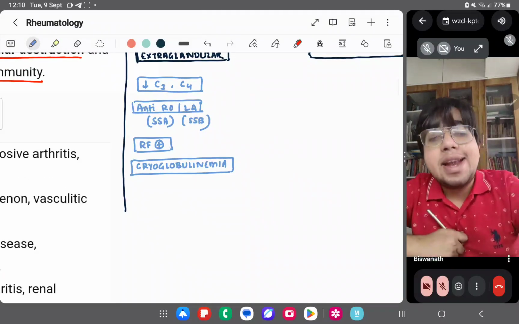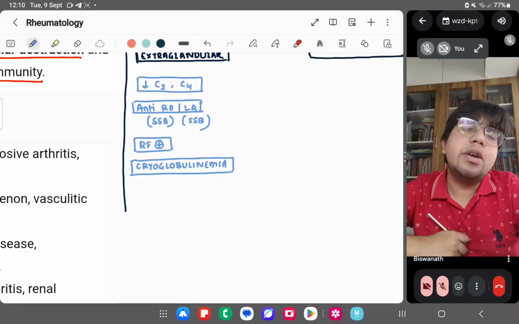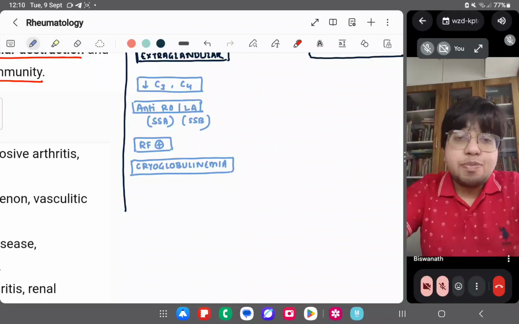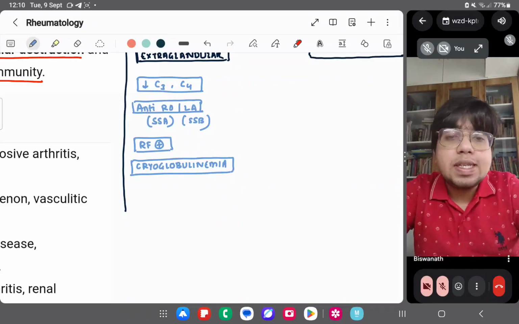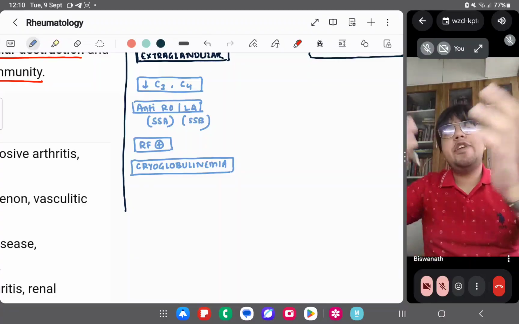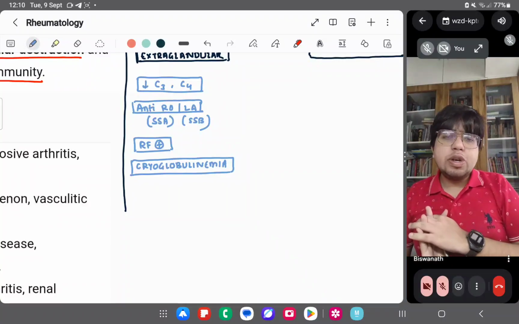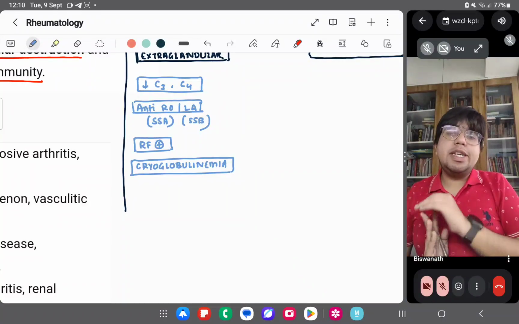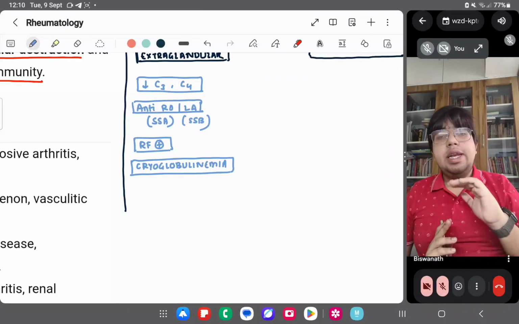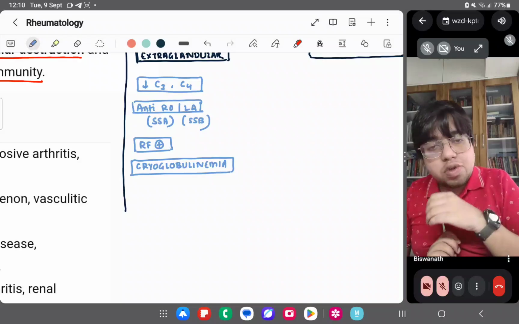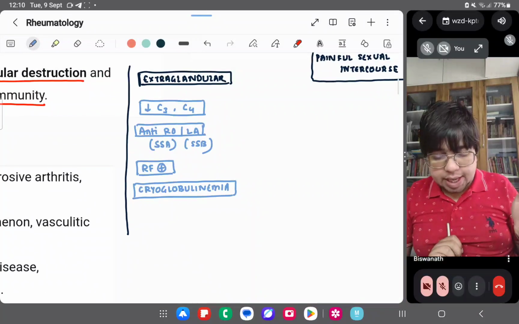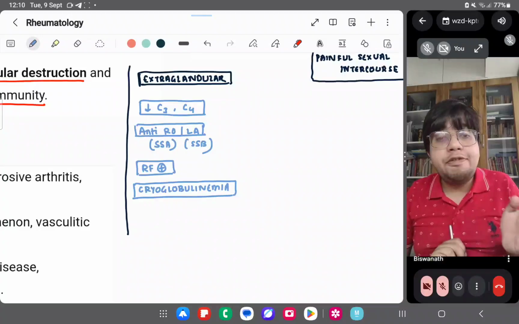Okay, and anti-Ro, remember, is not that specific to Sjogren syndrome. It can be positive. If it is positive, then the person has about 4 to 5% chance of developing the disease after a few years, right? So its positivity doesn't imply Sjogren's, but its positivity in an already diagnosed case of Sjogren's is implicating an extraglandular severe form.